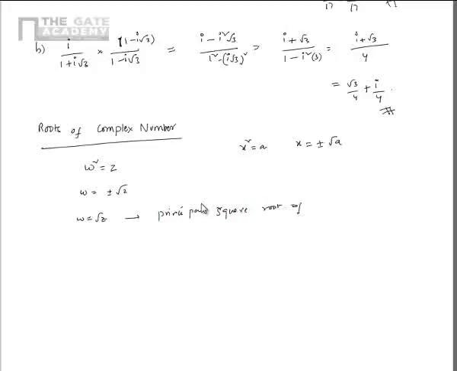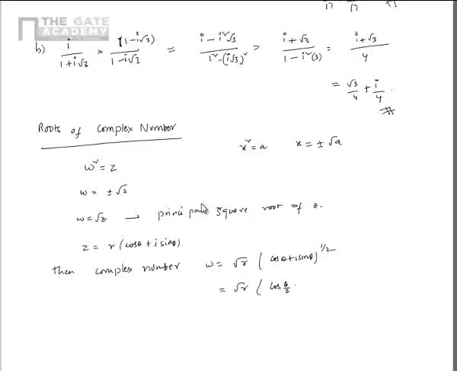So if z is r(cos θ + i sin θ), then the complex number w is denoted as root r times (cos θ + i sin θ) to the power 1/2, which is written as cos(θ/2) + i sin(θ/2).